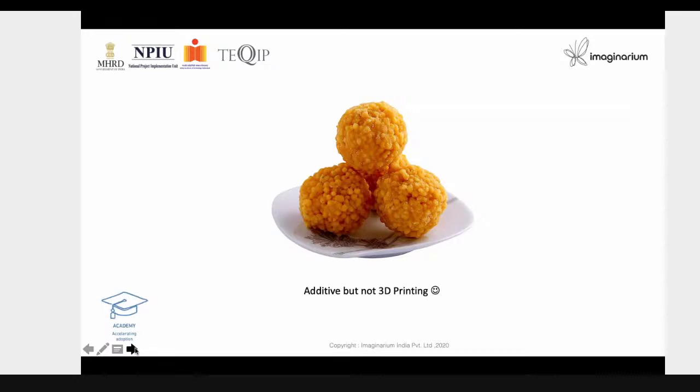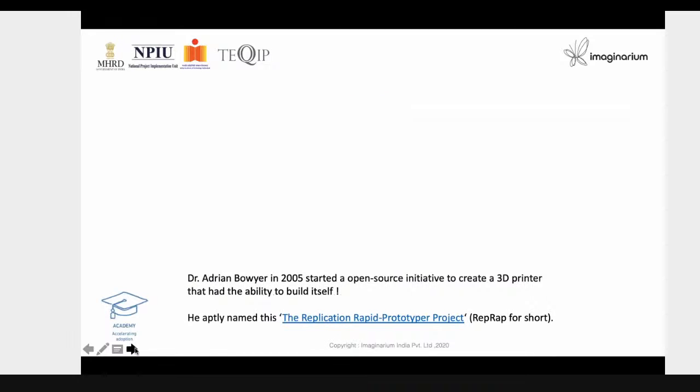So additively made things include plating, cladding, painting. They're all additive only. Casting is additive, and all of them are additive. Many of us think it is not additive. So even plywood, for example, is additive.